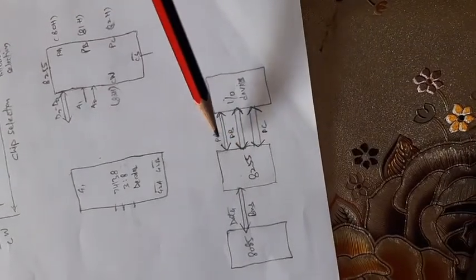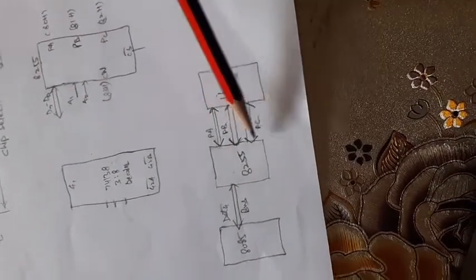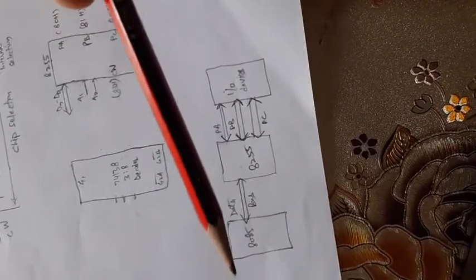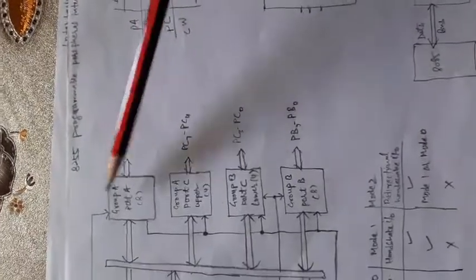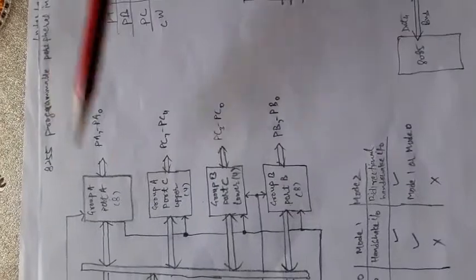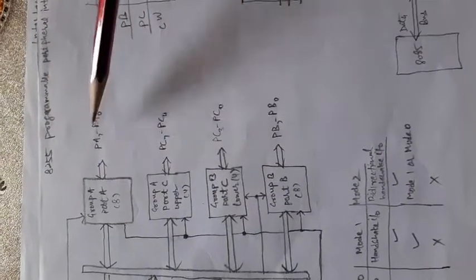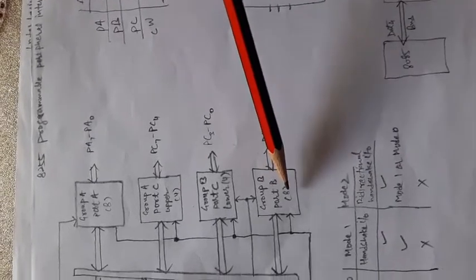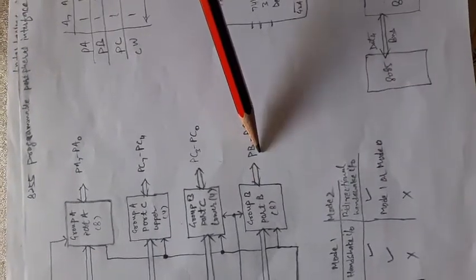As I told you in the diagram, 8255 has three ports: port A, port B, and port C. These ports come from the chip. All the ports are 8-bit. This is port A, an 8-bit port, PA0 to PA7. This is port B, which is also an 8-bit port, PB0 to PB7.